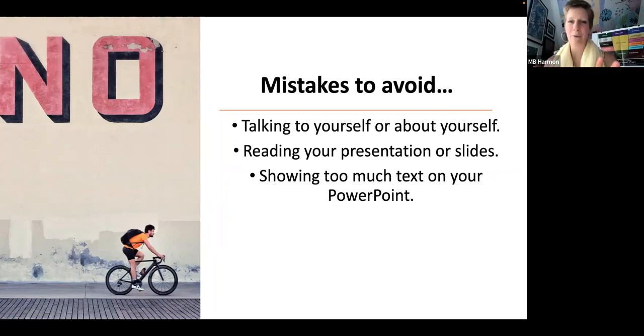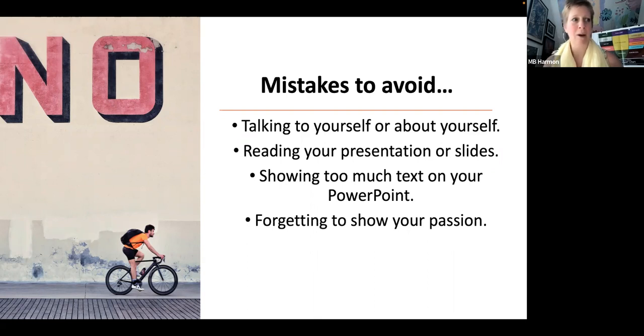I think that I have a problem with this, but try not to show too much text on the PowerPoint. Okay? You want to make sure that the audience has time to read it and to listen to you. Okay? If you put too much text on the PowerPoint, they can't pay attention to both, and you're going to lose them. All right.